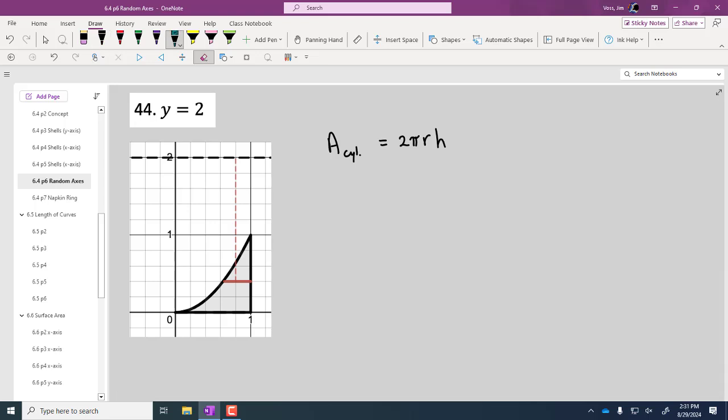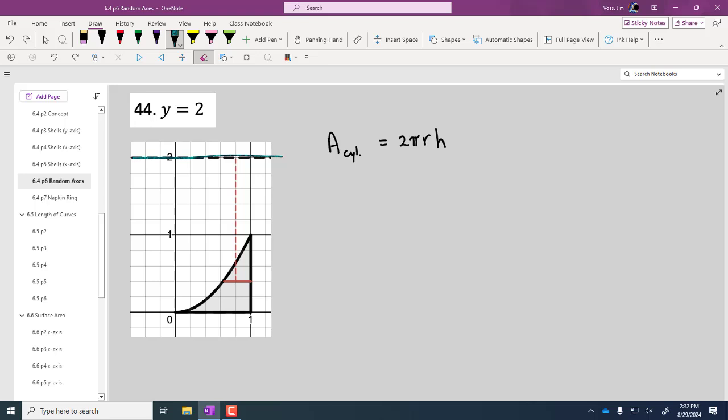The axis of rotation is horizontal. So that means we need to choose a horizontal element so that when it rotates around, it creates a cylinder. And as soon as we have a horizontal element, we know that the integration variable is y.